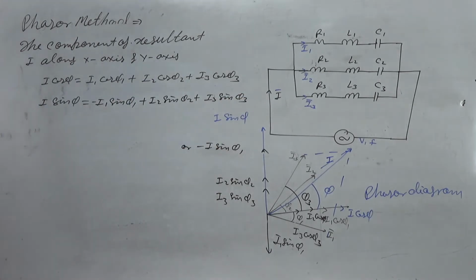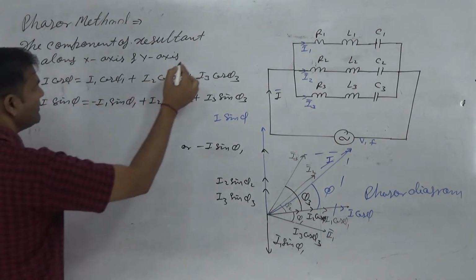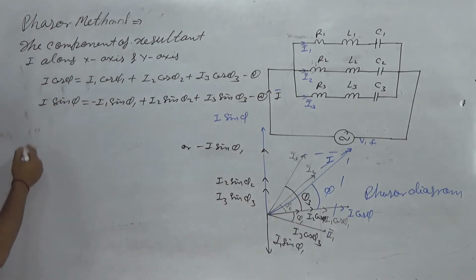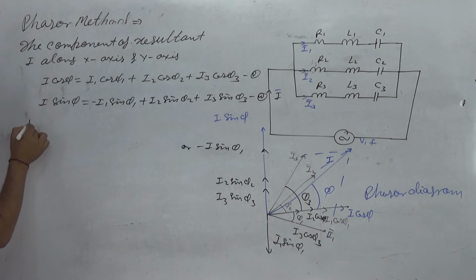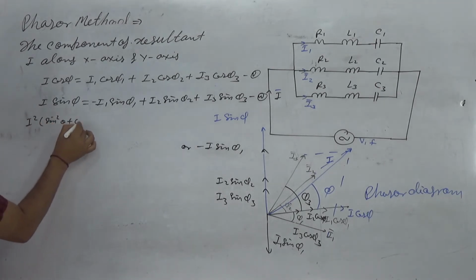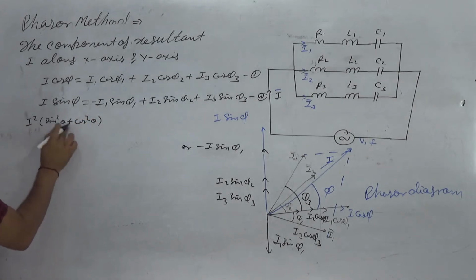Now what about the resultant current? This is the first and this is the second, squaring both sides and adding. Then we get sin square phi plus cos square phi, and I is common.